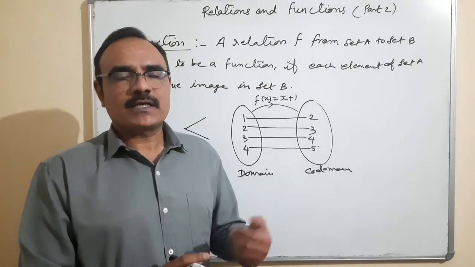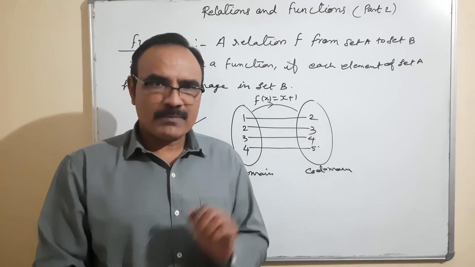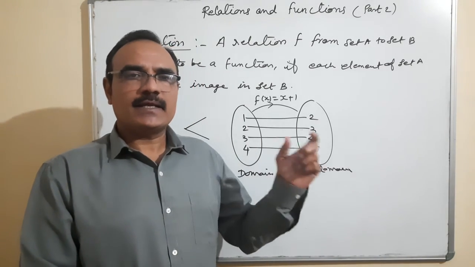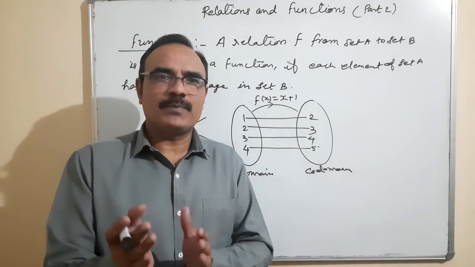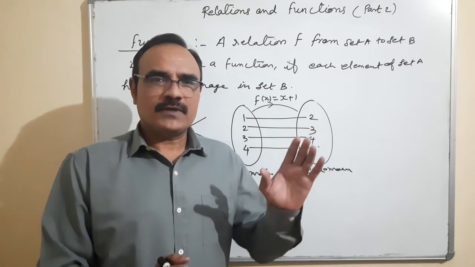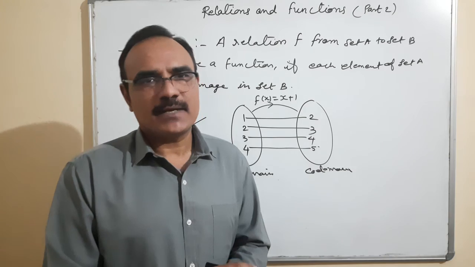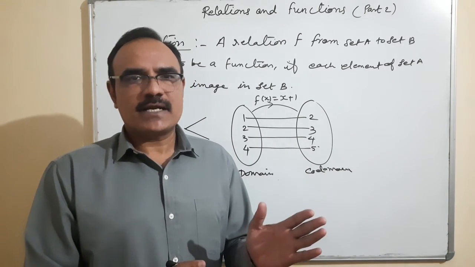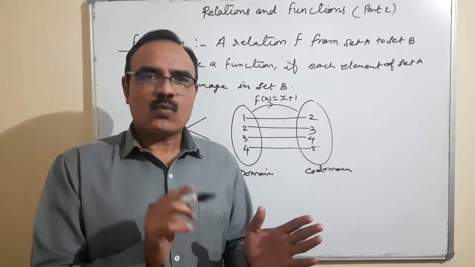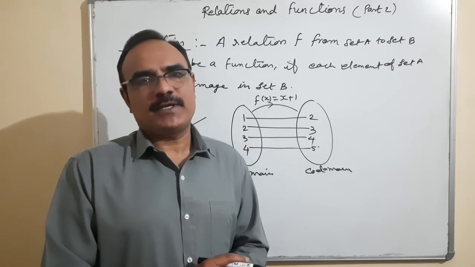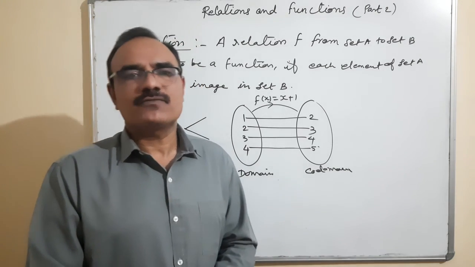It would be used in class 12th also. So you will remember the definition: any relation from set A to set B is a function if each and every element of set A has a unique image in set B, or every element of set A has one and only one image in set B. Then the relation is called a function.